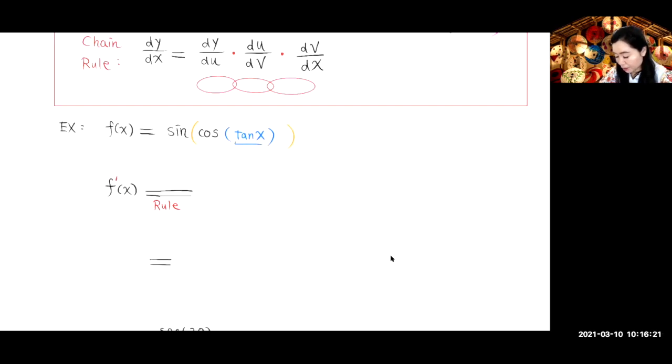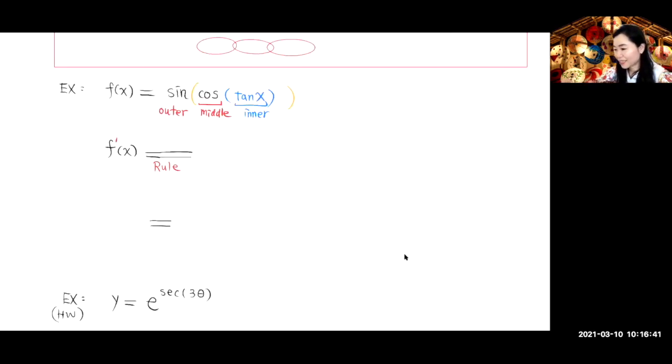The one in the middle is this function, cosine over here. And the outermost over here is the sine function. So it's like a 3-layer onion, right? So we have this, and then this, and then this.